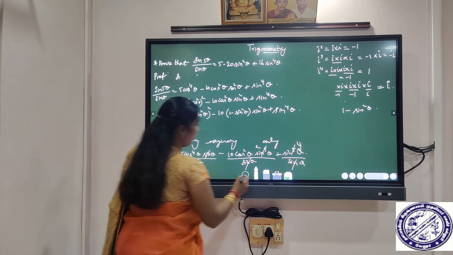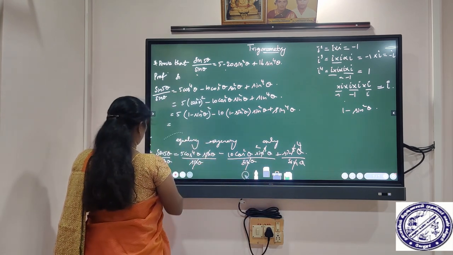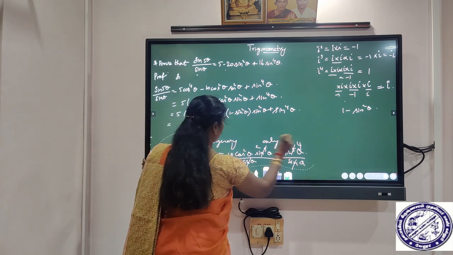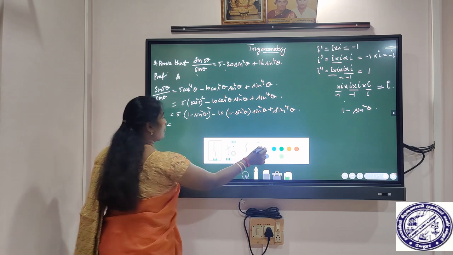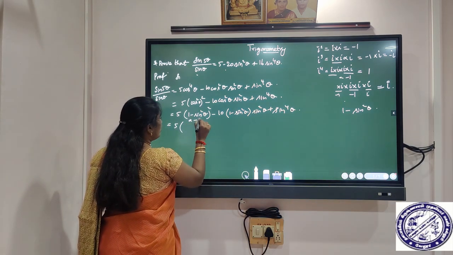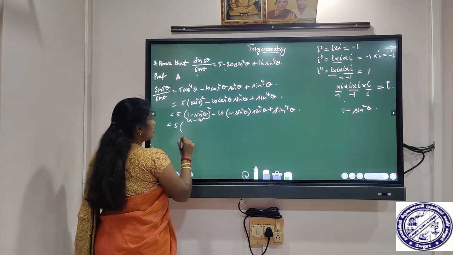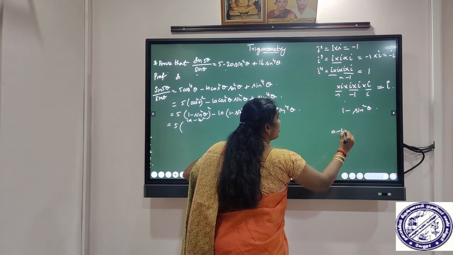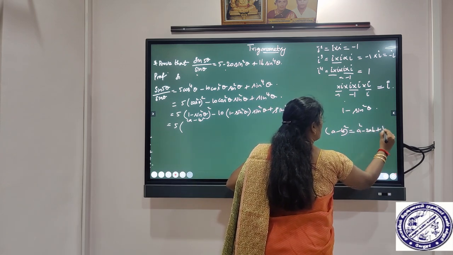Next I am going to use the a minus b the whole square formula for 1 minus sin square theta, which is a square minus 2ab plus b square.